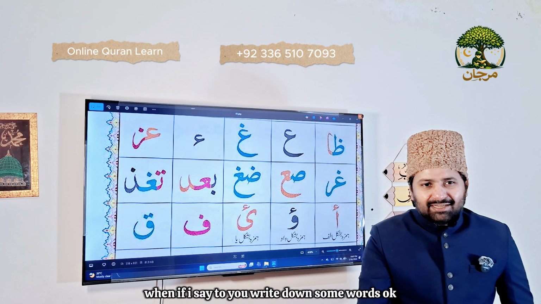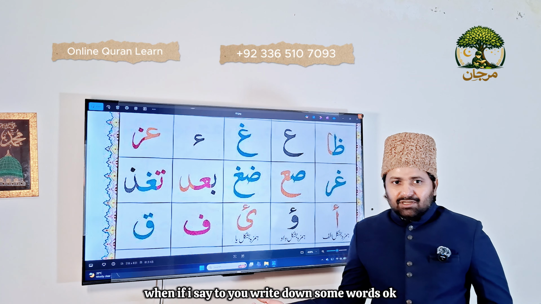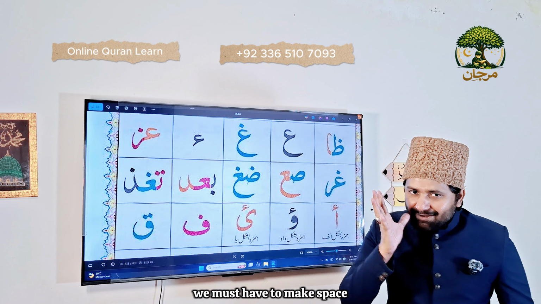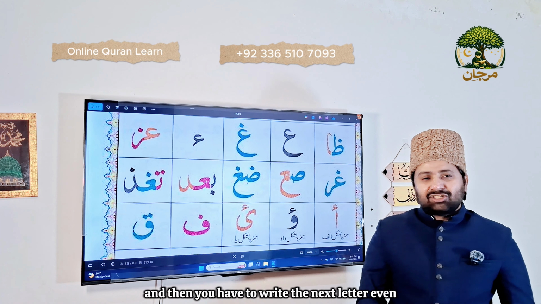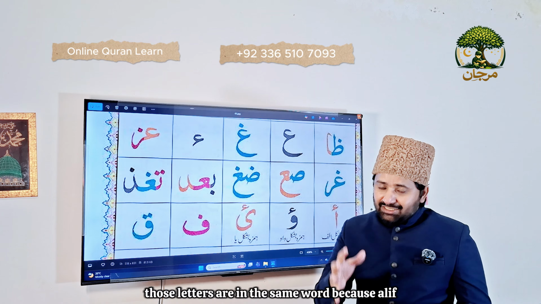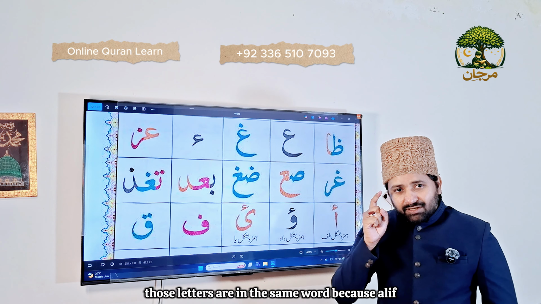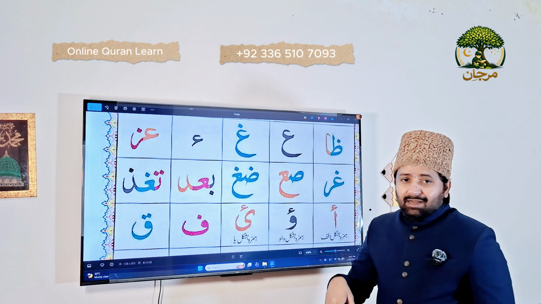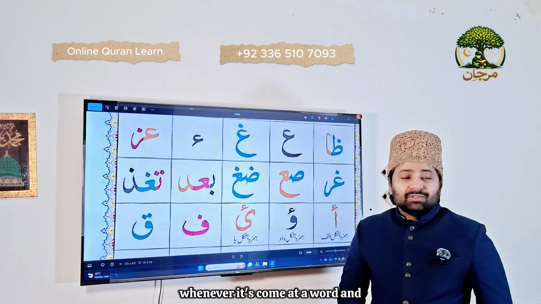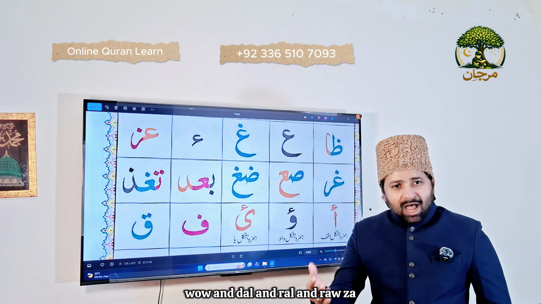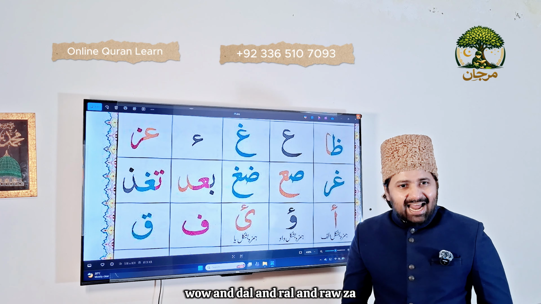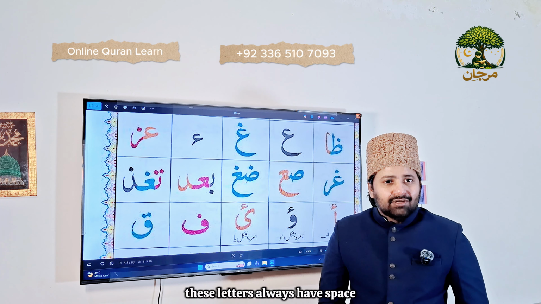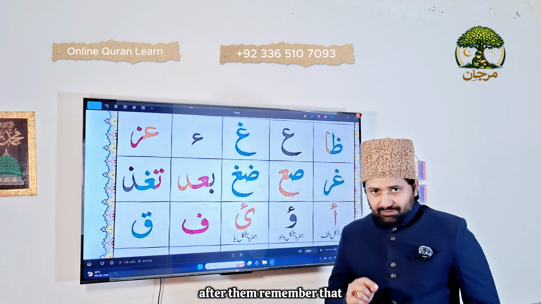If I ask you to write some words, whenever you write a word with alif, you must make a space and then write the next letter, even though those letters are in the same word, because alif always has space after it. You can see this whenever it comes as a word. And waw, dal, ral, ra, za always have space after them. Remember that.